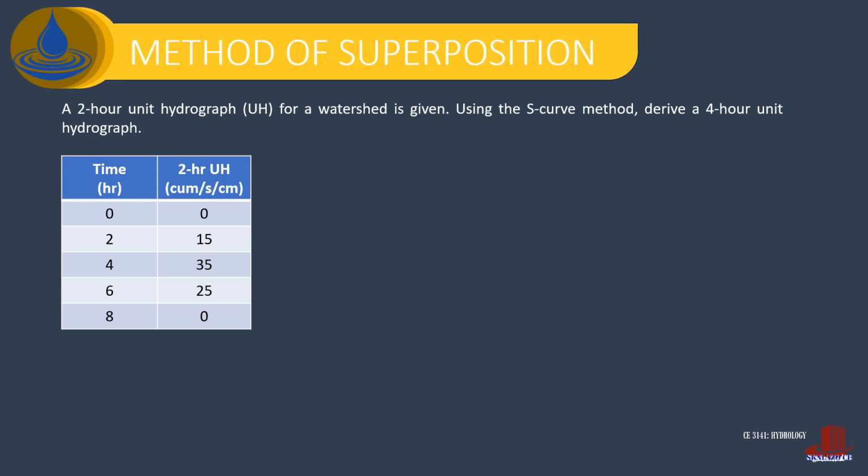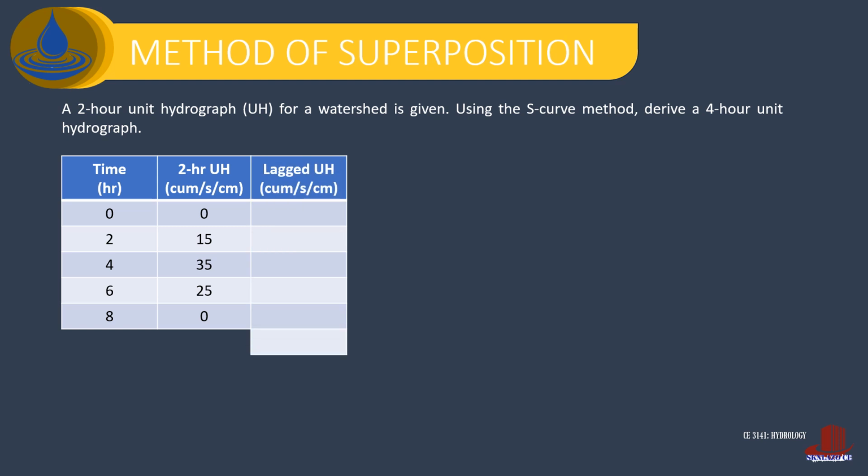Now let's recheck our answer using the method of superposition. A 4-hour UH is a multiple of the 2-hour unit hydrograph anyway. So from the 2-hour unit hydrograph, lag the next UH a step lower. Note that the first non-zero entry is now at T4, so the lag stops here.